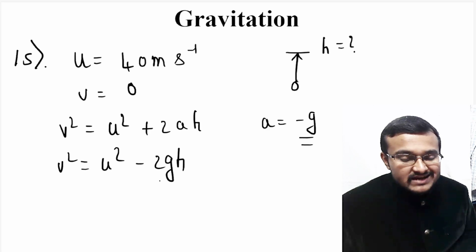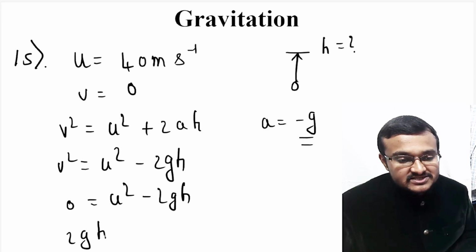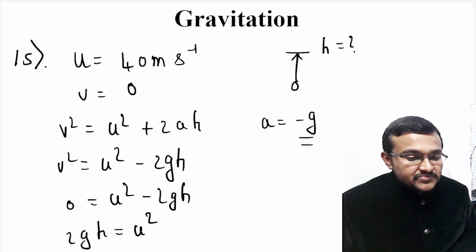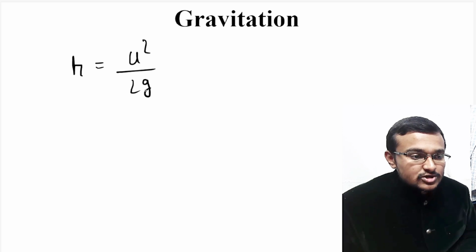Now you have to calculate the maximum height. So v is 0, so 0 is equal to u square minus 2gh. If you bring 2gh to the LHS, 2gh is equal to u square. If you bring 2g to the RHS, it becomes u square divided by 2g.